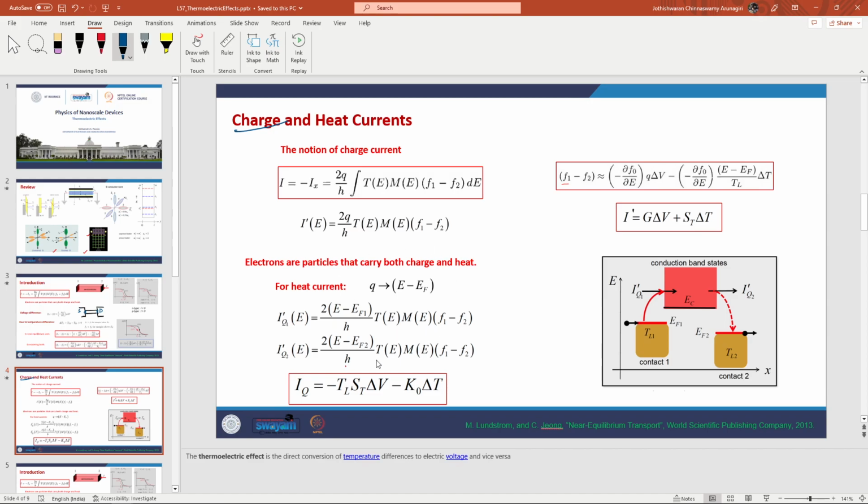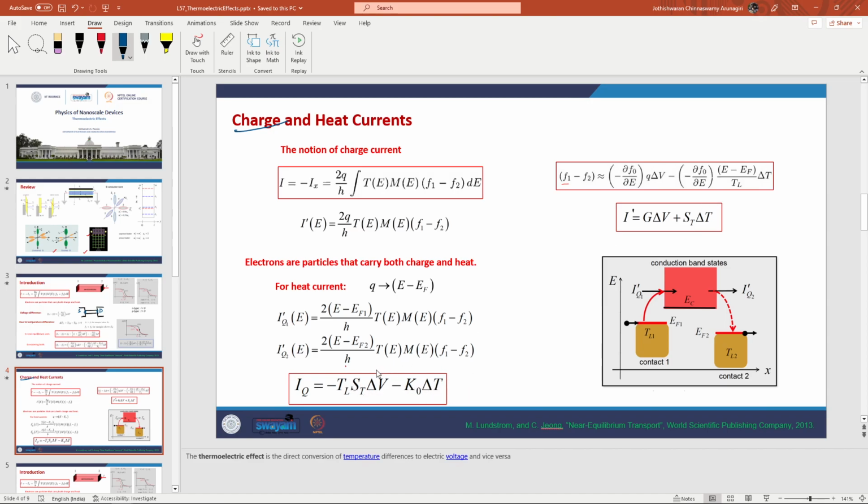Again, if we look at the heat current expressions, we can also express that in terms of our Landauer integrals. So the heat current from region 1 and region 2 can be written in terms of their respective Fermi levels like this. Again, this is the specific current at a certain energy. This whole quantity needs to be integrated, similar to the charge current that we see here. So the heat current can also be written in terms of the voltage difference and the temperature difference in terms of these two coefficients.